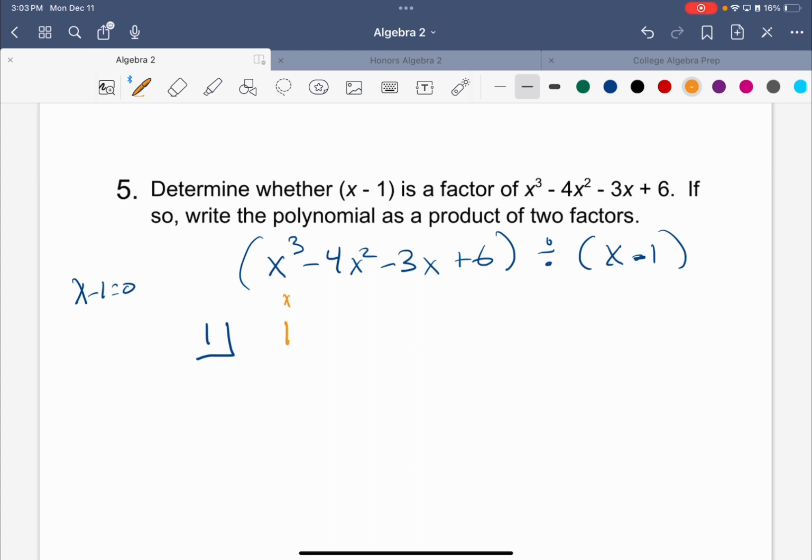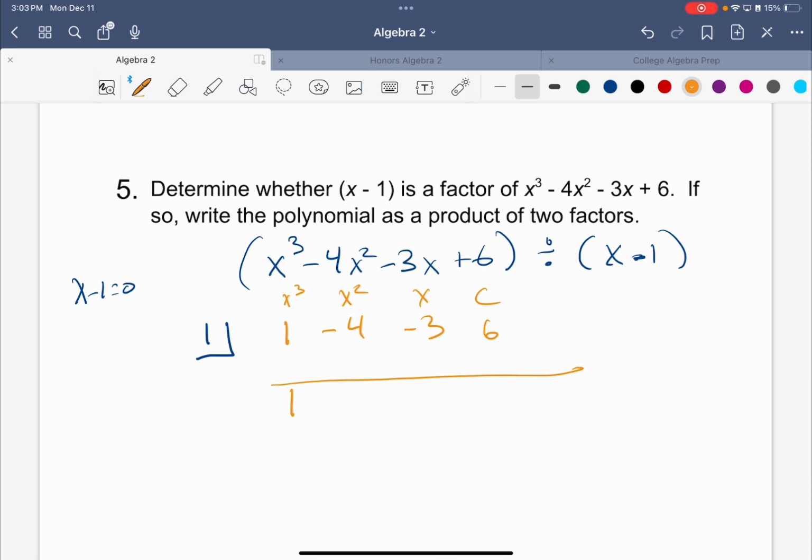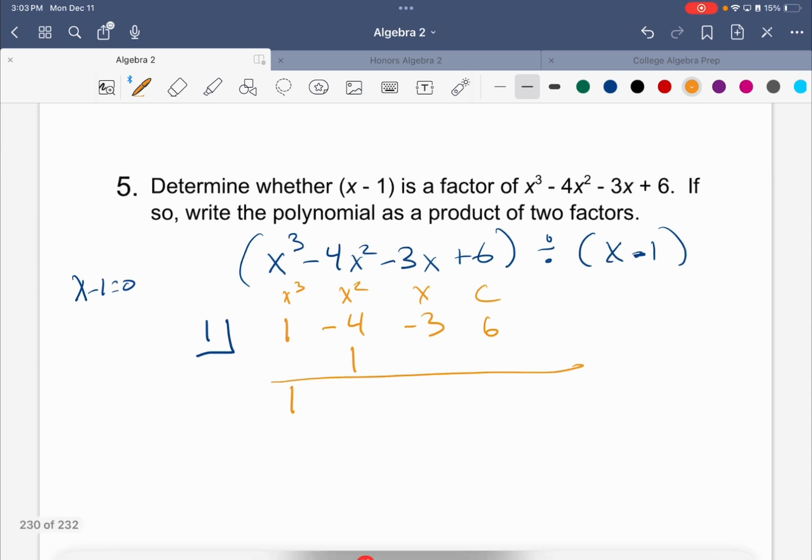I've got 1x cubed, so that means I need an x squared, an x, and a constant. Looks like I've got them all. So I've got everything I need. I drop the 1 down underneath. 1 times 1 is 1. Negative 4 plus 1 is negative 3. 1 times negative 3 is negative 3.